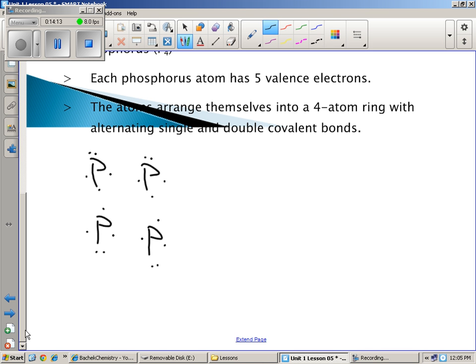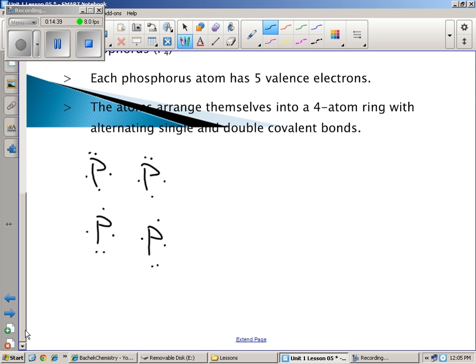As always, when you see unpaired electrons, like electrons by themselves, you'll learn that later. When you see these unpaired electrons, you probably want to start hooking them together. Also, look, if it's P4, if I need 4 phosphoruses together, you got to hook them up so that they're together. Otherwise, right now we just have 4 atoms of phosphorus. They're not hooked up at all.